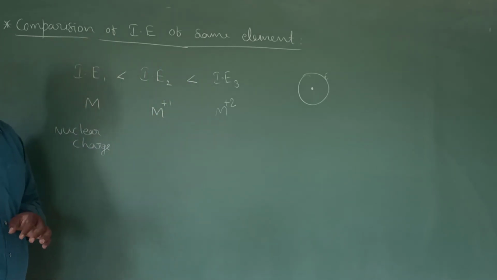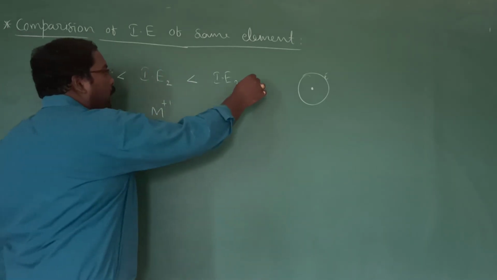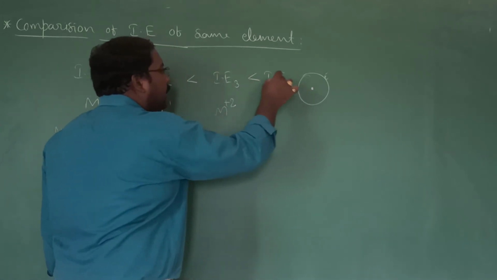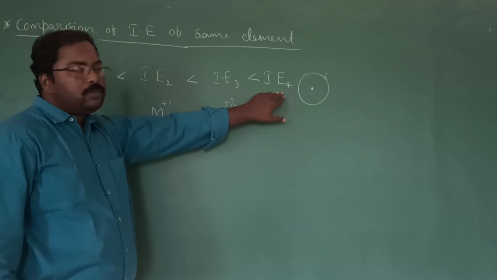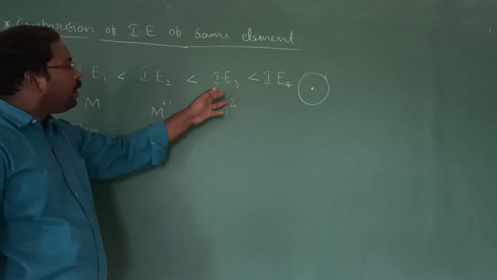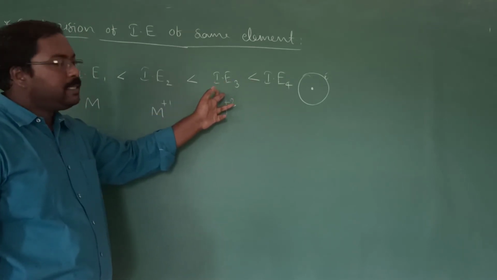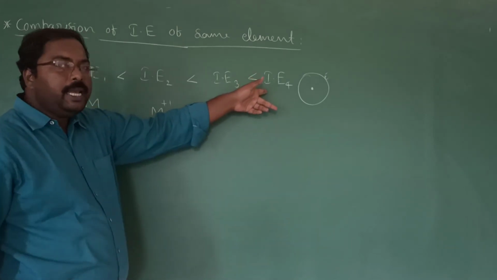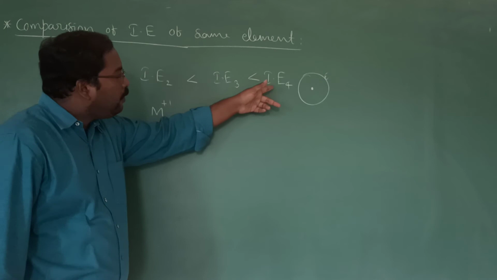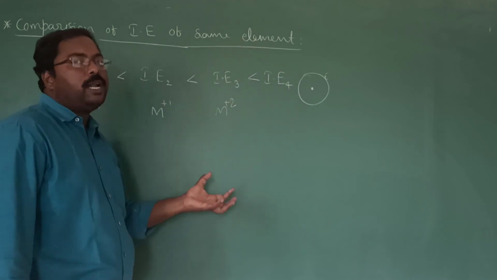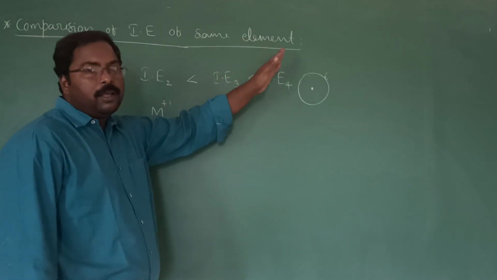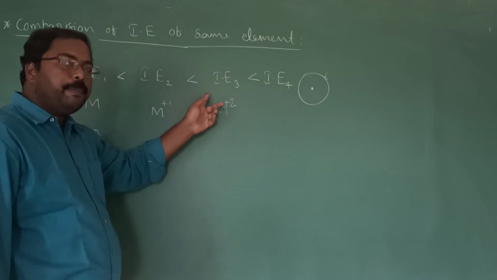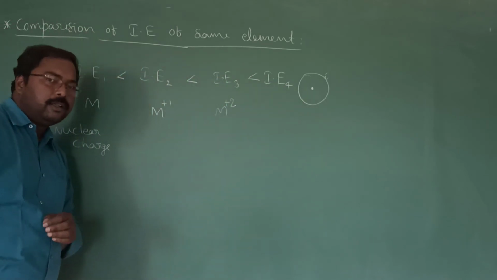Even if we go for the fourth, it requires more energy to remove the fourth electron compared to the third, because when an electron is removed, the effective nuclear charge increases and the electrons are held even more strongly.